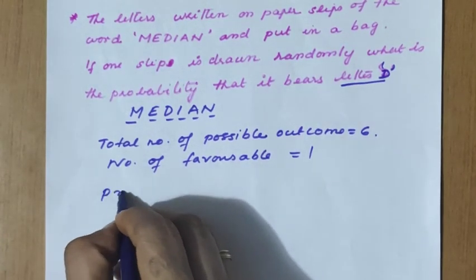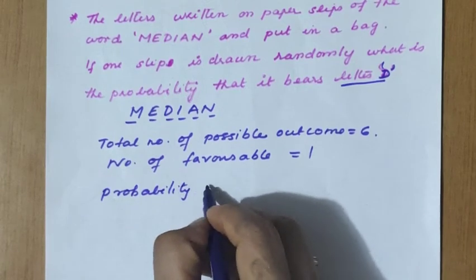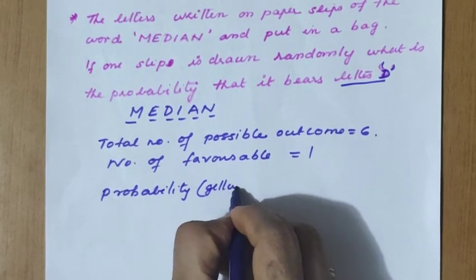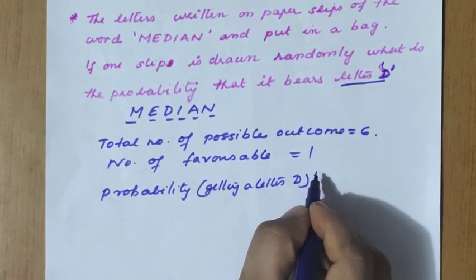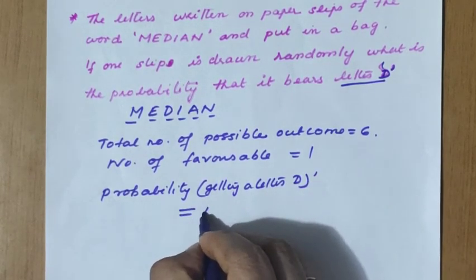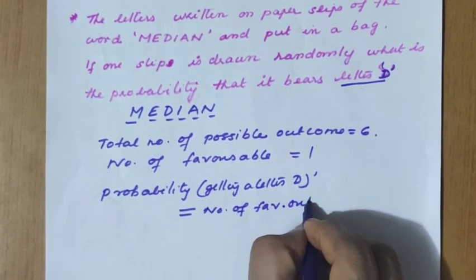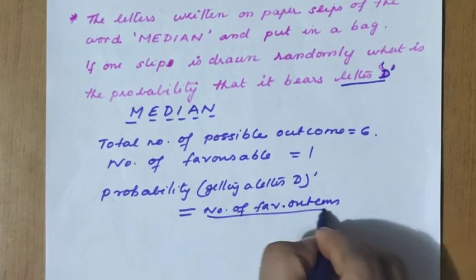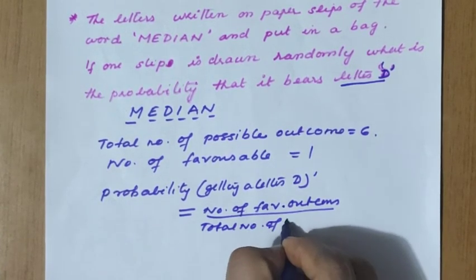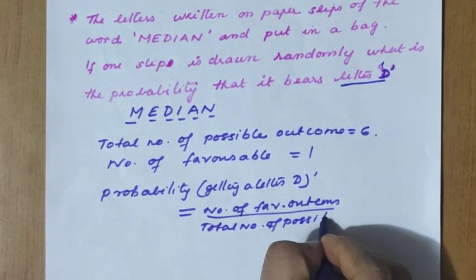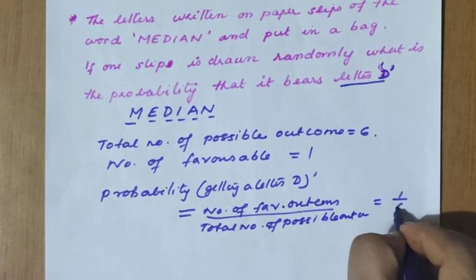So the probability of getting a letter D is the number of favorable outcomes divided by the total number of possible outcomes, equal to 1 by 6.